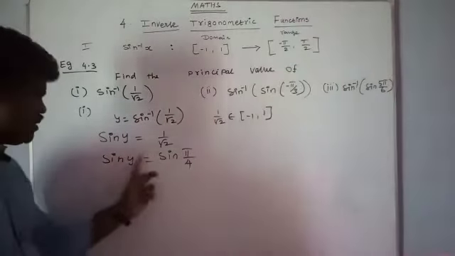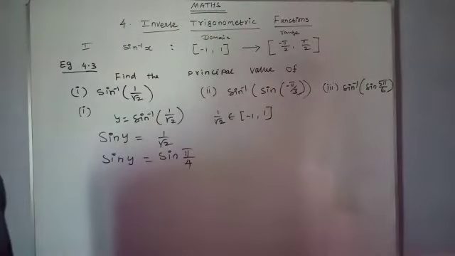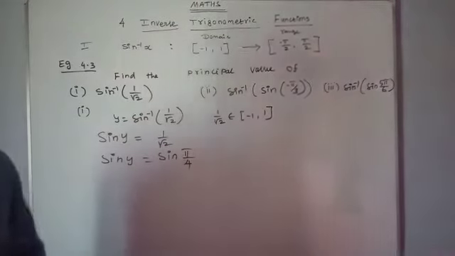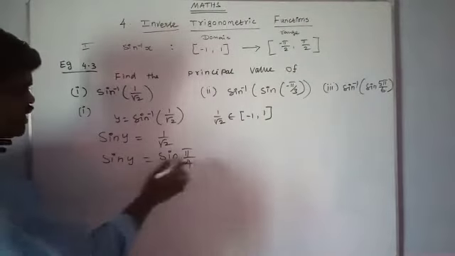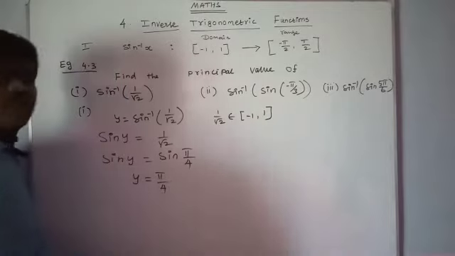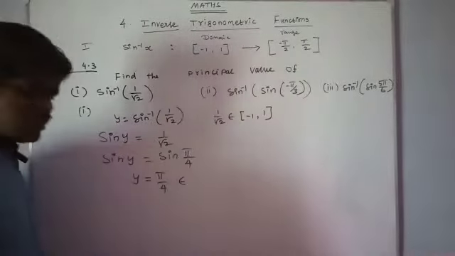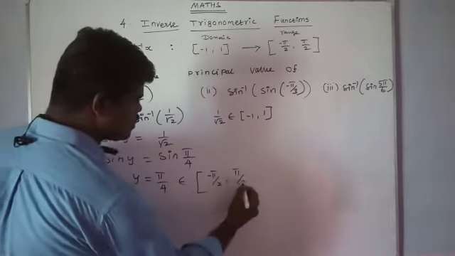We want to write the same sin value. Cos 45 is also the same, 1 by root 2, but we don't write it here because we want to write sin here. So sin y is equal to sin pi by 4. Equating, y is equal to pi by 4. Also pi by 4 belongs to the range minus pi by 2 comma plus pi by 2.